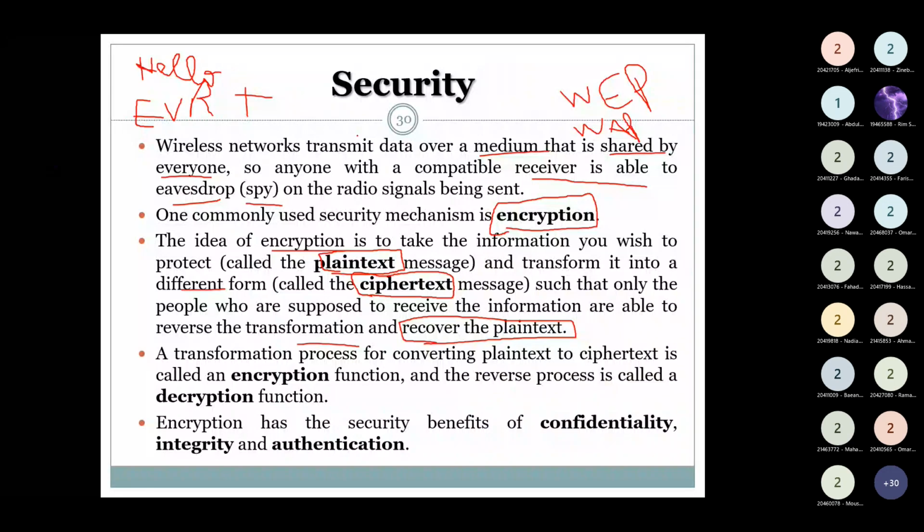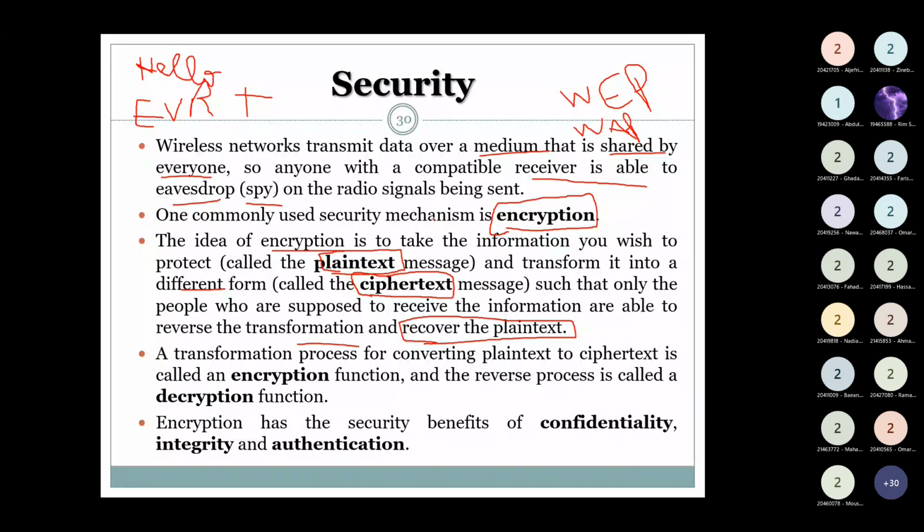Here, for example, we can use some translation of the letters by some number. Only the receiver knows the procedure of this encryption, so he can decrypt this text and have the plain text.